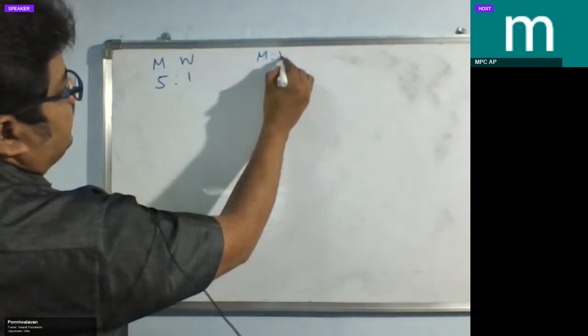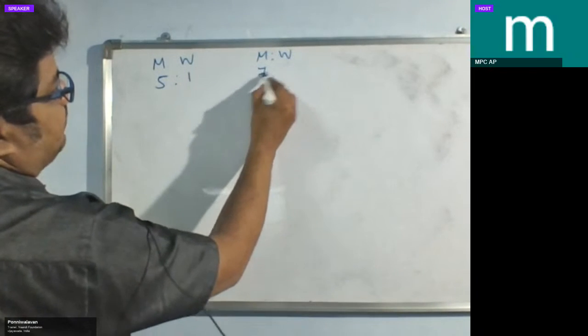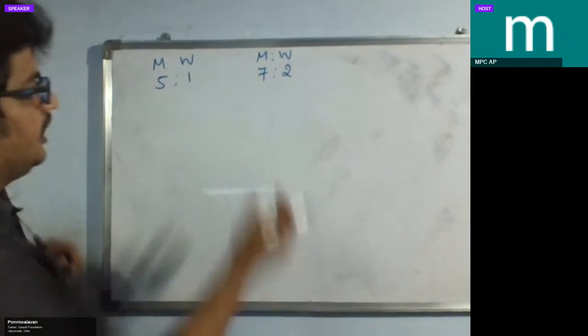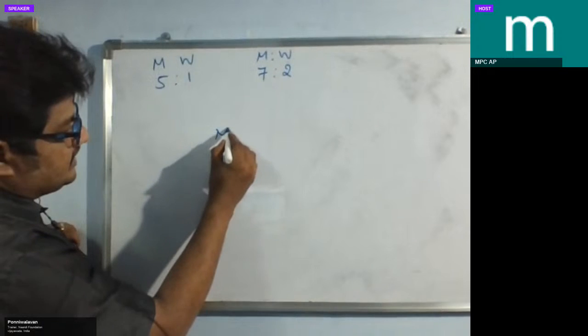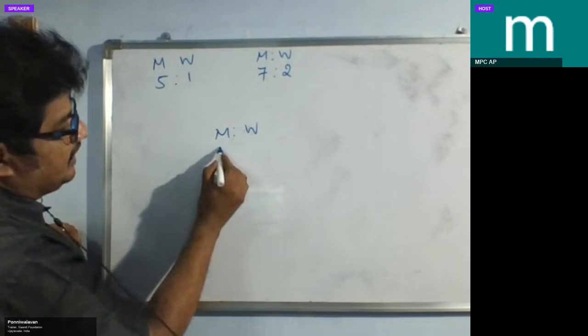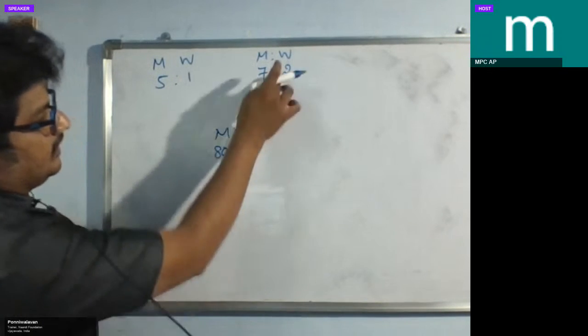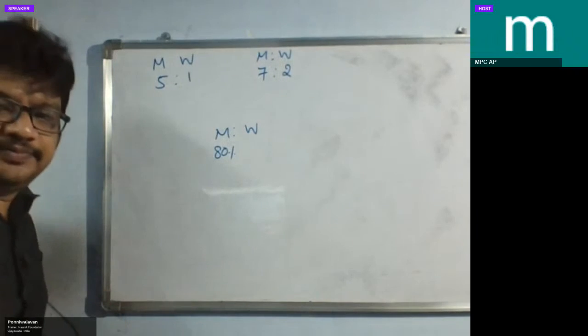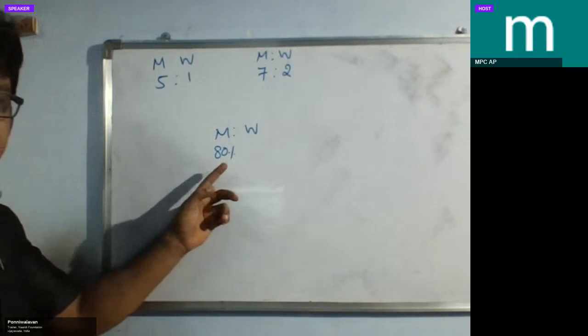Milk and water in the second mixture is 7:2. If you add these two, in the result, milk is how many percent? 80 percent.